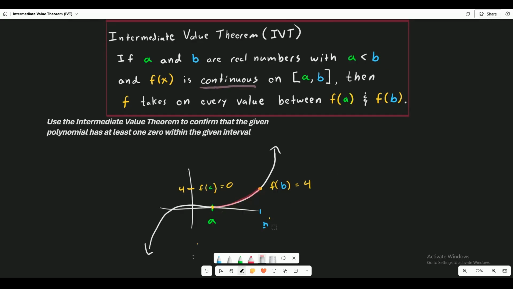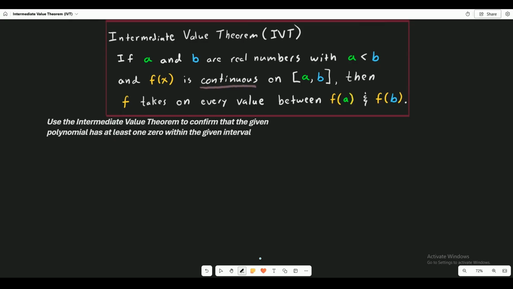Okay, so we're going to use this to solve the problem I have. We're going to use the intermediate value theorem to confirm that a given polynomial has at least one zero within the given interval. And this is our polynomial.